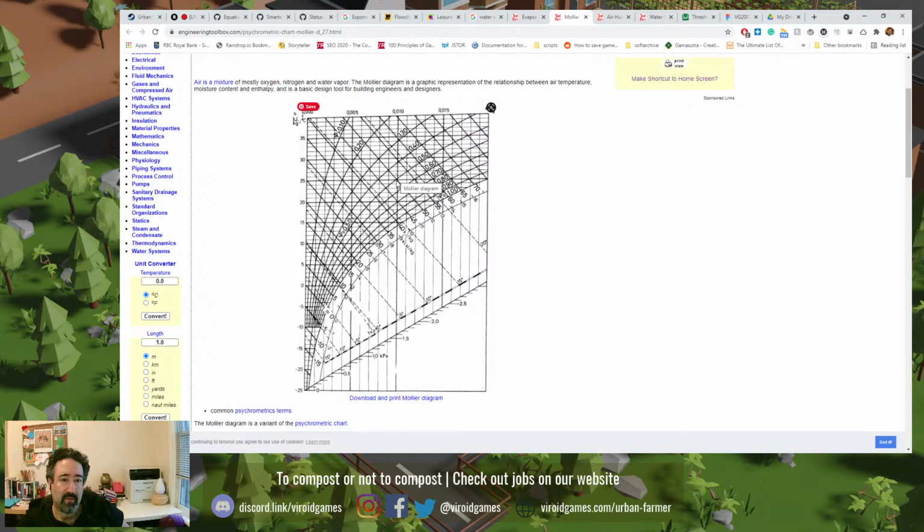We need to see humidity. I think that is represented as this curved line, which is 0% humidity. So I see when you get to 50%, follow this line and it hits a certain coordinate here, 25, 10.